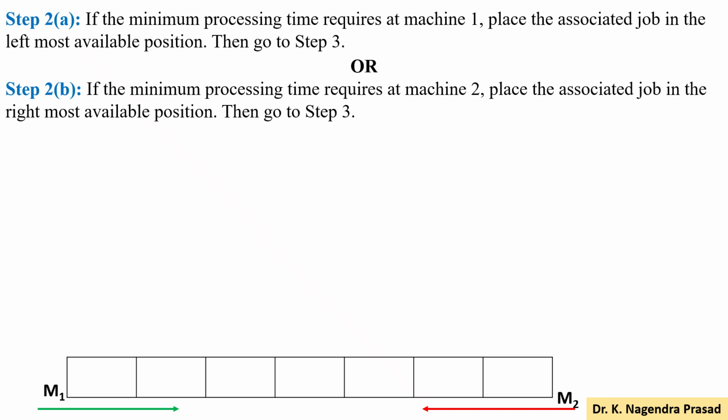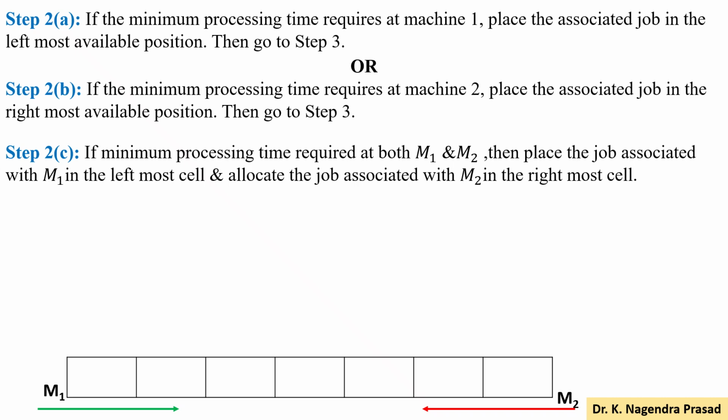If the minimum processing time occurs at machine 2, then place the associated job in the rightmost available position, then go to step 3. Similarly, if the minimum processing time is for the respective job on machine 2, then you have to place the respective job in the rightmost available position. Next we have to go for step 3.